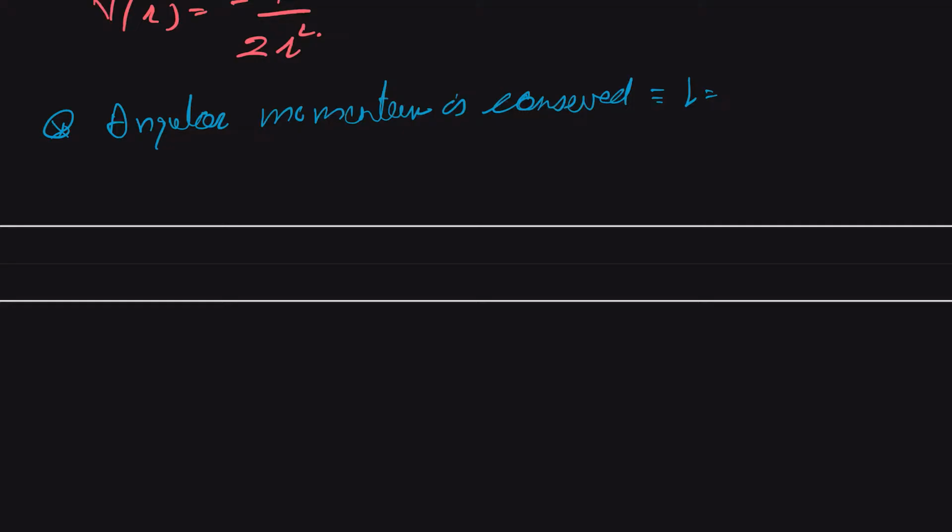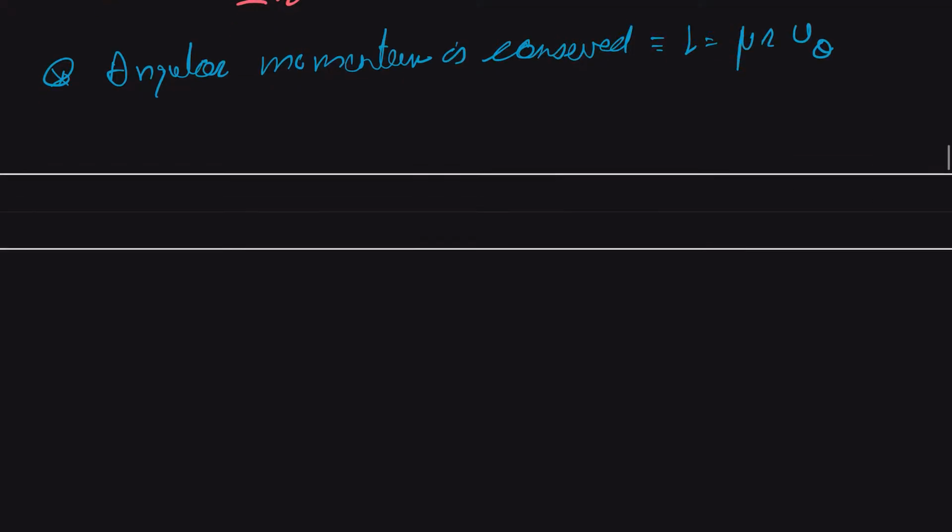Therefore we can say L is equal to mu r v theta, and we can substitute v theta equal to r theta first derivative, which gives us mu r square times the theta derivative. We also calculated this, so let me write it straightforward: theta first derivative is equal to L upon mu r square.